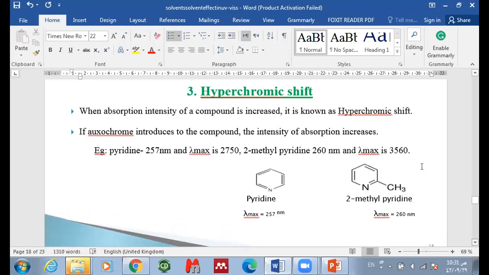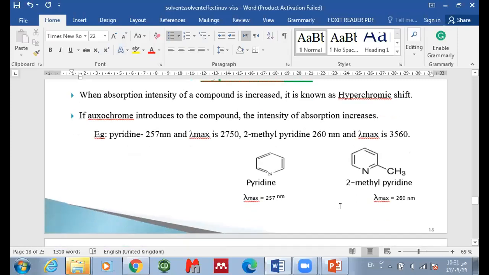As this example explains, the shift from 257 to a higher lambda max, 260, when we add an alkyl group to the molecule. So this is the Woodward-Fisher effect.